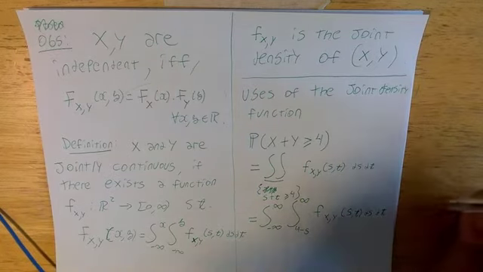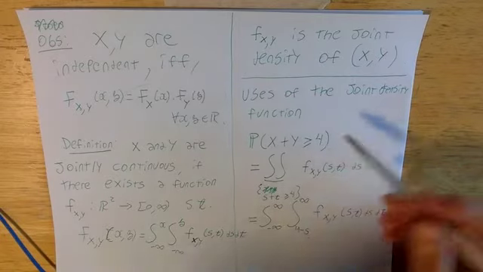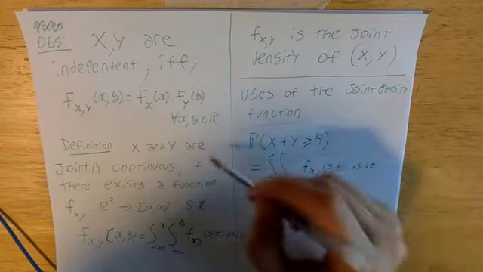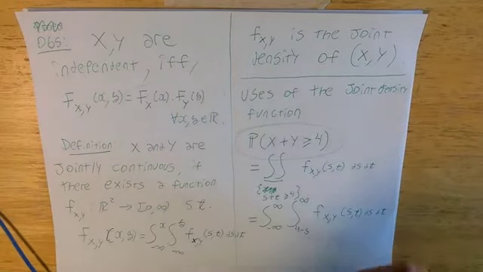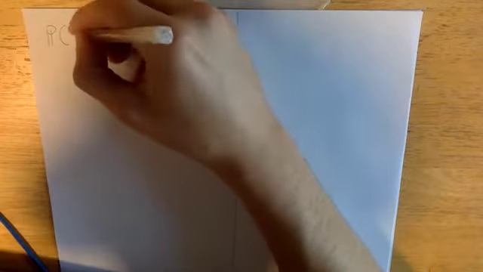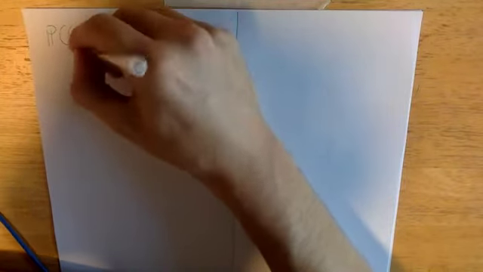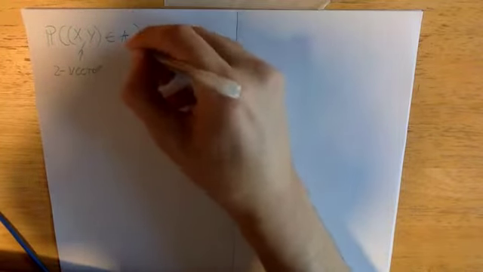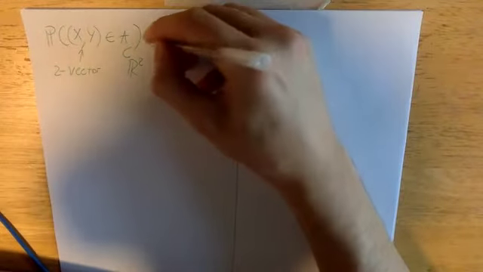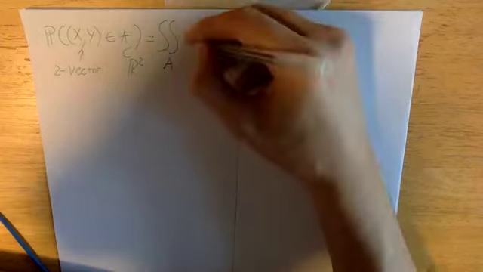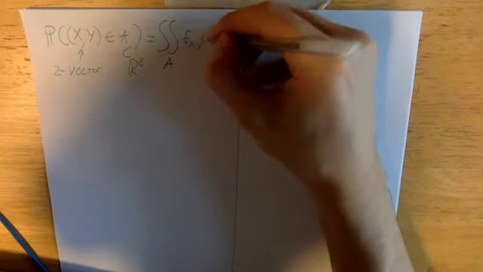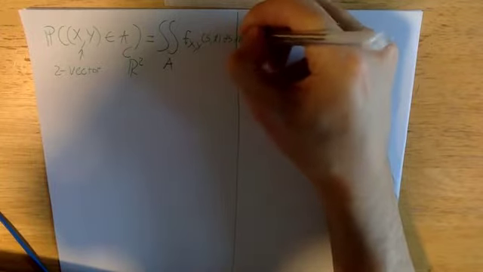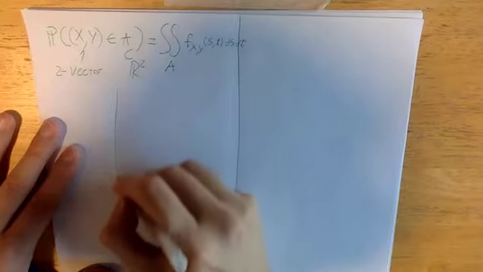Okay, and what you can see by the things that we did before is that the thing you should realize is that the probability that (X,Y), and now this is a 2-vector, is in a set A contained in R^2, is the double integral over A of the density function ds dt.